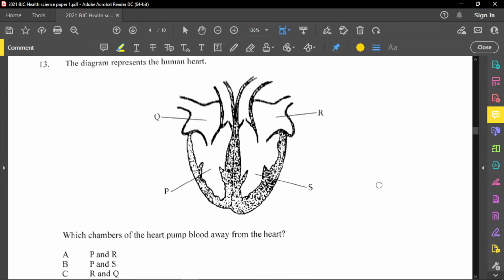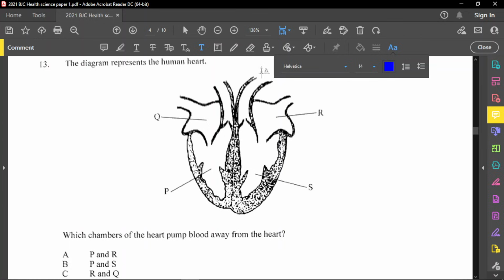All right, for question number 13 here, let me just quickly label the diagram first, so you can go through this as a practice to know exactly what we're doing here. If we look at the heart as we face the heart, what I'm pointing to right now is your right hand. So this side is going to be the left side of the heart.